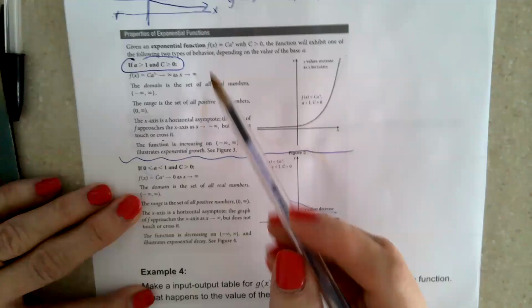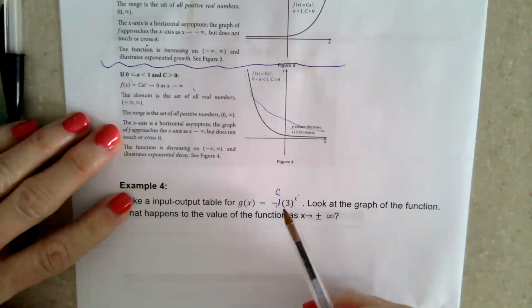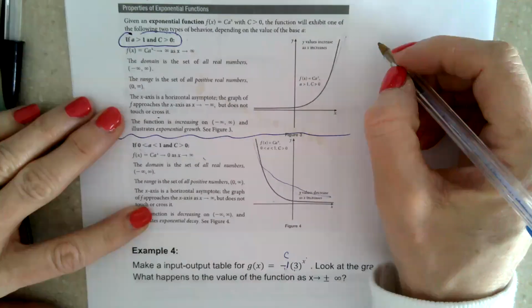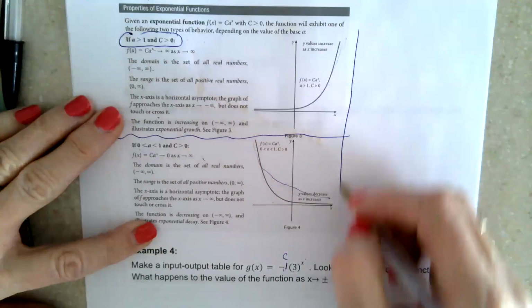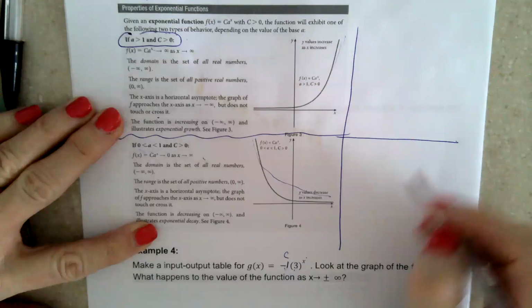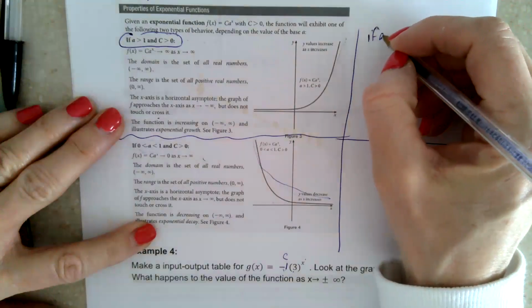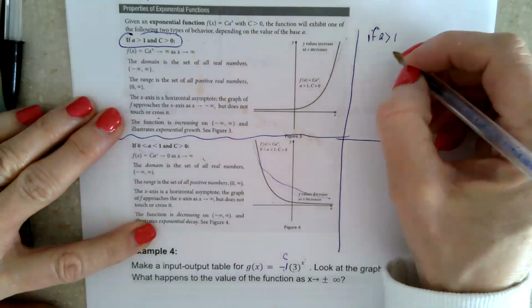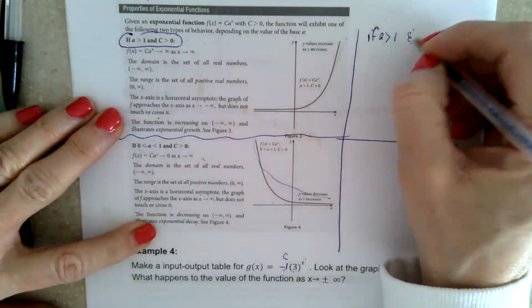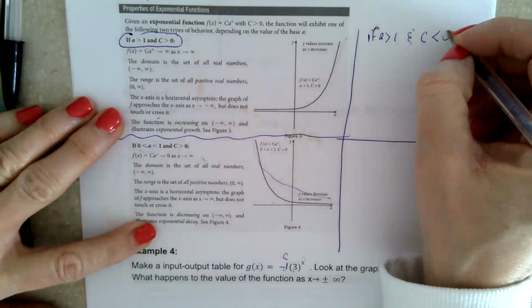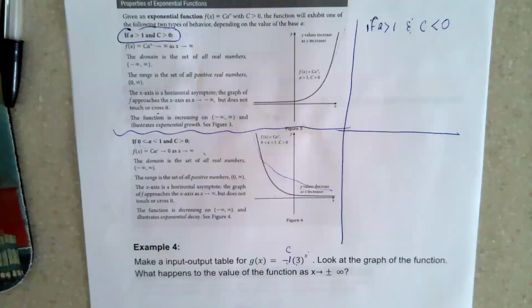We don't have that situation up here, but we do have a is greater than 1. So we have actually 4 pictures that could happen. So this is if a is greater than 1 and c is less than 0. Let's see what this looks like in Desmos.